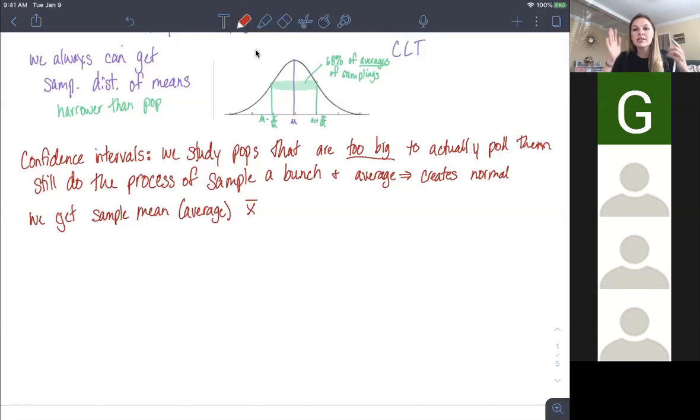So we usually stick with between that 68 and that 95 range, because that gives us a tight enough interval that it's still saying something novel, but a high enough percentage of confidence that you're actually capturing the population mean, so it means something to someone when you say it. Because if you say, I'm 5% sure that it's between here and here, everyone's like, great, I don't care about your 5% sureness.